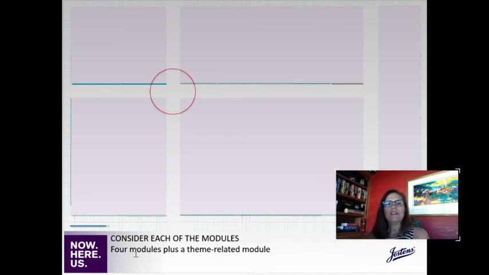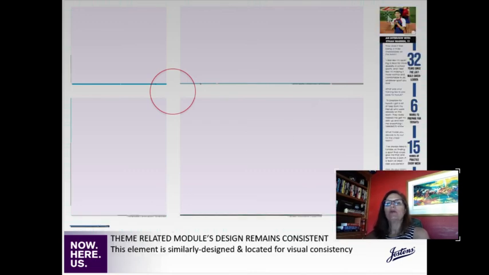Okay, again, you want to consider each of the modules, four modules and the theme related one. So take a look at the theme related one. If this is our theme related module going down the side, notice how it's got a heavy 1 pica rule line that's broken with some statistics, and it's going to have a little mini ident for our person, a mini headline with our person's identification information.